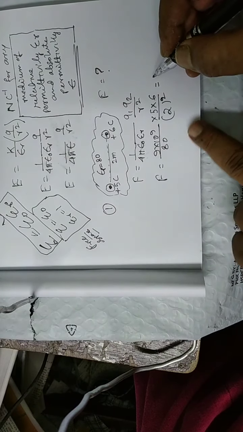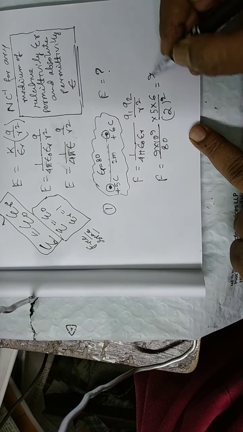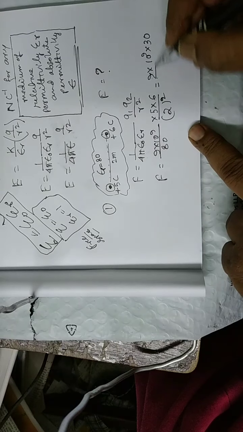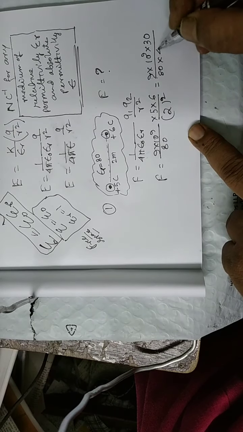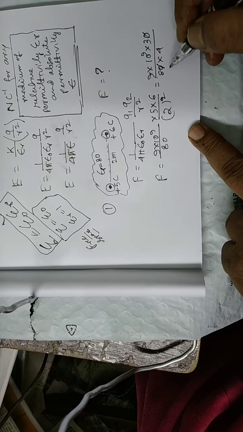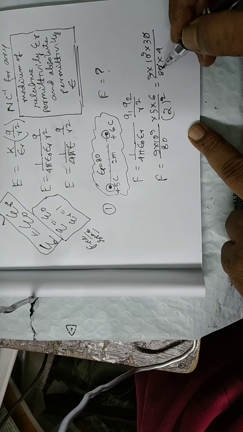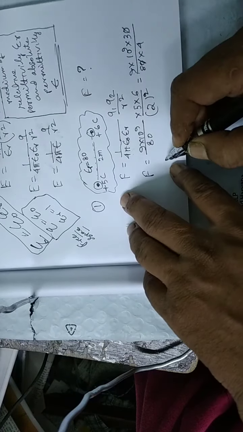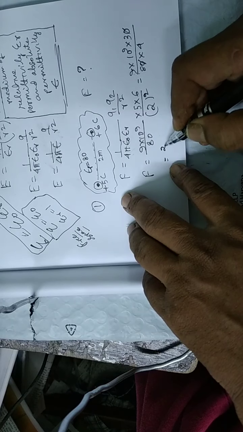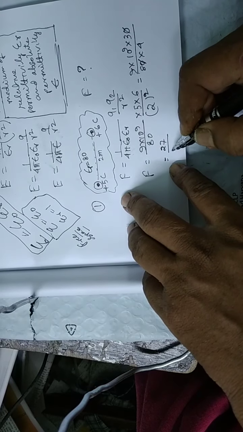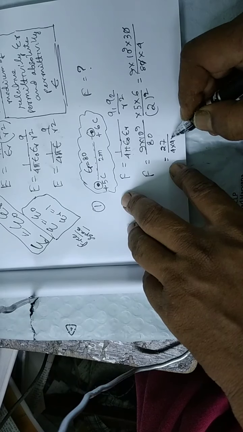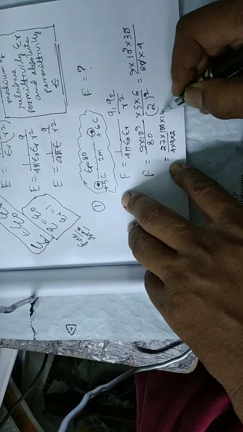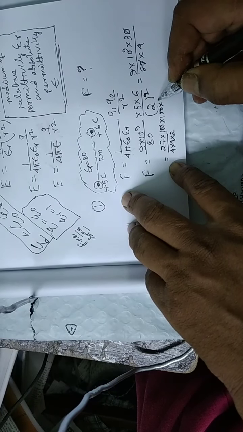So what does the value become? 9 into 10 to the power 9 into 30 divided by 80 into 4. Zeros cancel. 80 into 4, that is 27 by 16, that is 27 by 4 into 4 into 2, right, into 100 into 100 into 10.